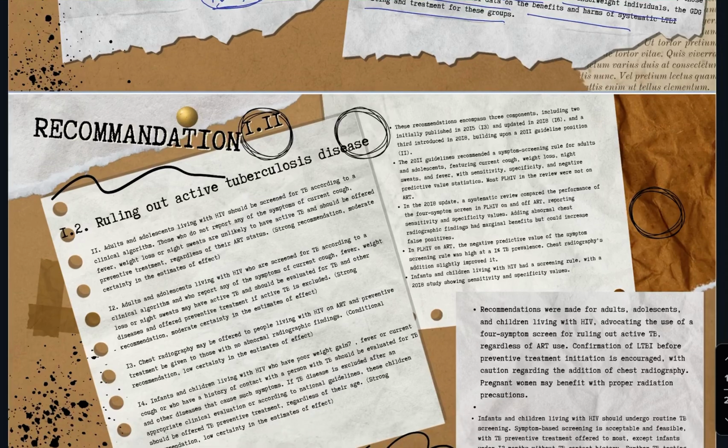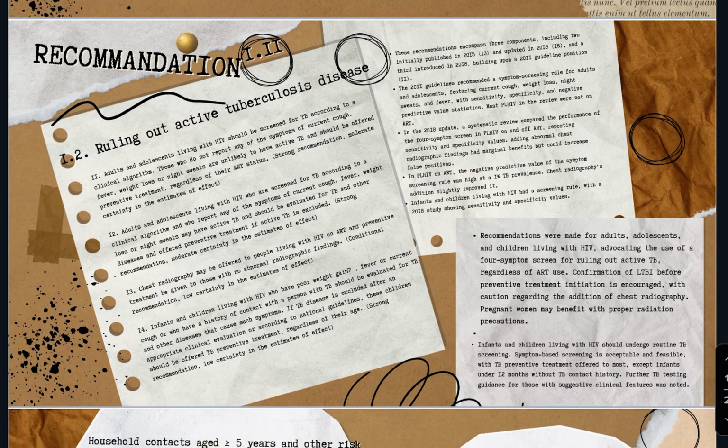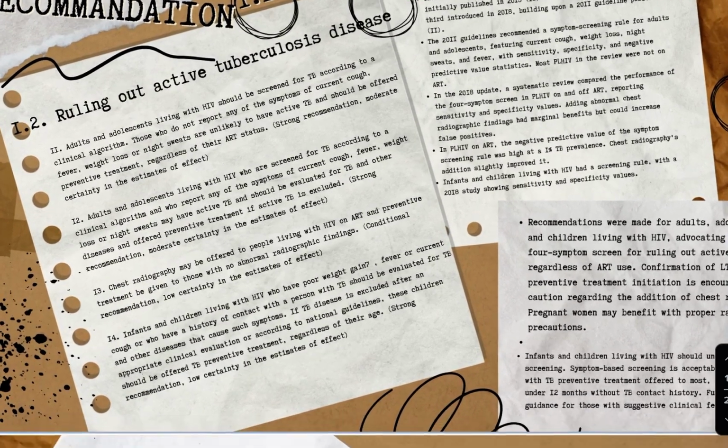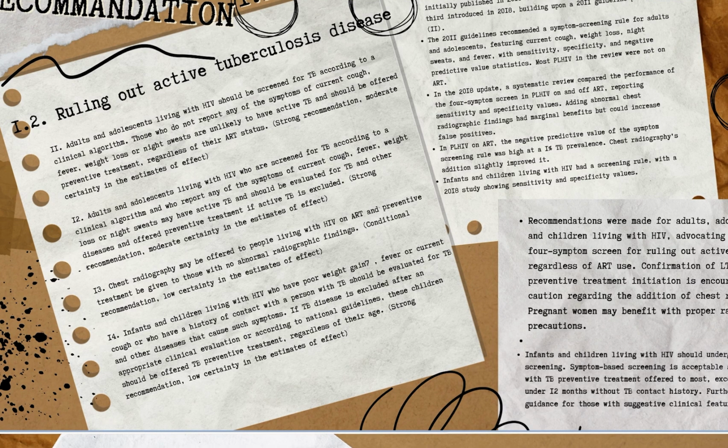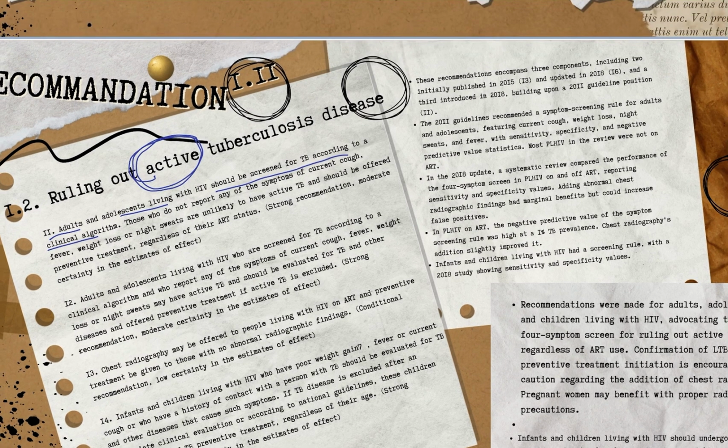Moving on to other recommendations: ruling out active TB disease. Adults and adolescents living with HIV should be screened for TB according to the clinical algorithm. So now, how to rule out active TB? First, you suspect it in individuals who are at very high risk, like people living with HIV and household contacts.